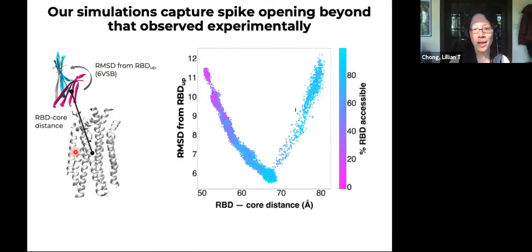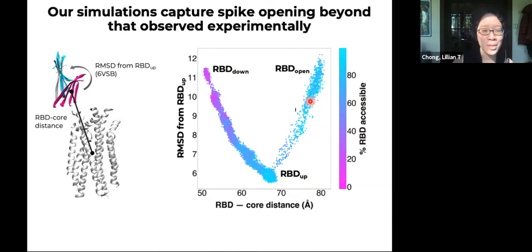core domain. And we're coloring all these dots based on the percent solvent accessibility of that RBD, the receptor binding domain. So we're going from this down position, which is that closed state of the spike protein, to the up position, which is when it is open, but we also sampled a beyond open state, so a further open state that wasn't observed experimentally.